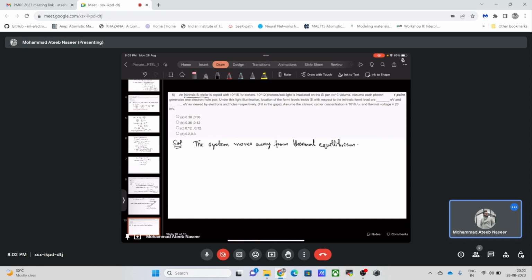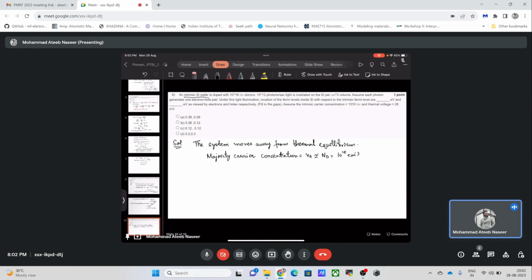Okay. So let's see the majority carrier concentration first, since this is an N type, as we have used donor impurities. So majority carrier concentration is simply equal to N naught, which is simply equal to Nd, approximately equal to 10 to the power of 16 per centimeter cube.